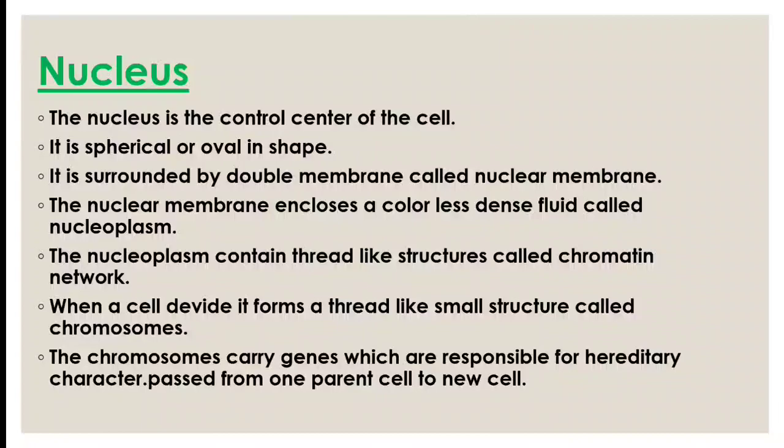For example, with eye color, if either of the parents has blue eyes, there are 90% chances that the child will also have blue eyes. Who has carried that character from parent to child? Genes. So genes are called the carriers of hereditary characters.